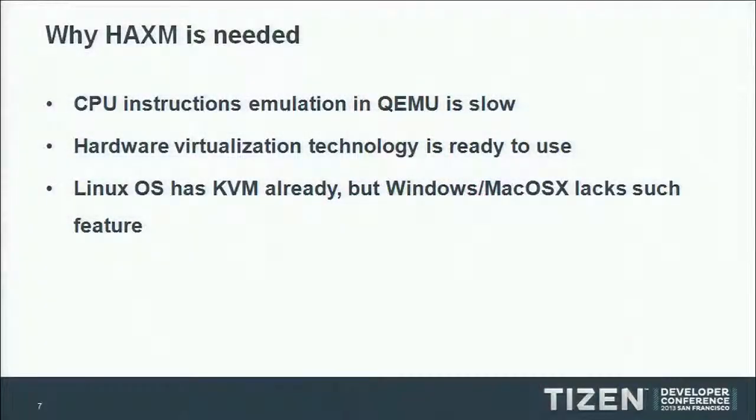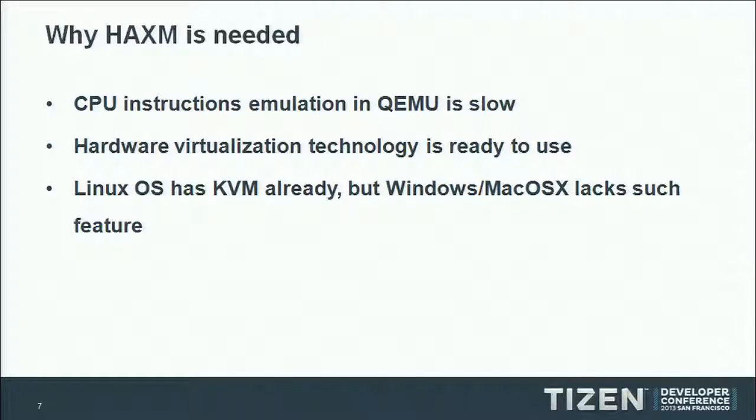And here, why is HAXM needed? The reasons are simple. The first one is that the CPU instructions emulation on the QEMU side is slow. Although there are a lot of optimizations in QEMU, it is a pure software emulation. The performance is not that good. Second, the hardware virtualization technology is mature and is already ready to use.